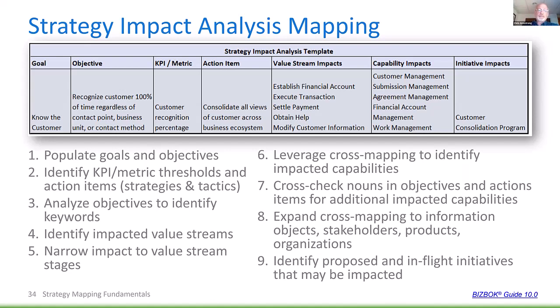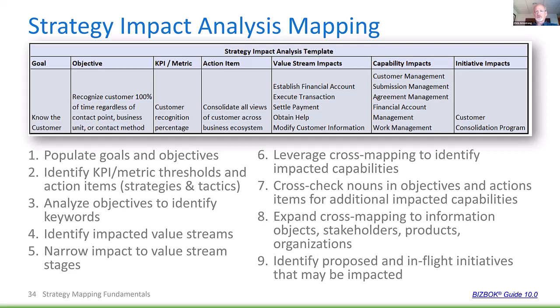Then we want to identify, again, this is a generalization, so it may not be exactly what you do in all circumstances, but it's probably a good start. If you happen to have a collection of value streams already identified, you could say, hey, this goal of knowing the customer is going to likely impact these five value streams. And again, the nature of those impacts we haven't got to yet.